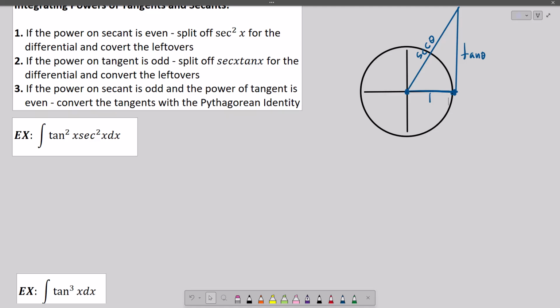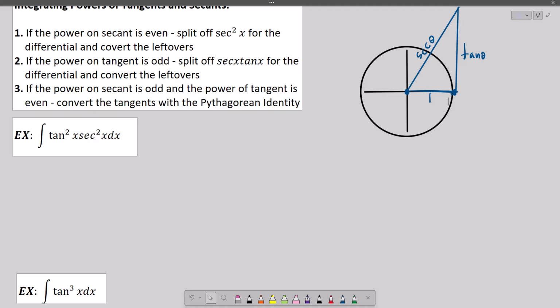If you let u be tangent, the derivative of tangent is secant squared. So we're pulling off secant squared so that if we let u be tangent, the derivative of tangent is then over there stuck with the differential, secant squared dx.